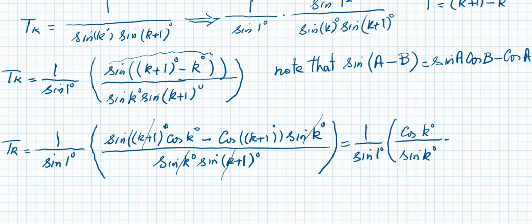And from the second term, we get cosine of k plus 1 divided by sine of k plus 1. So this would be a typical term of this series after rewriting it in this format.